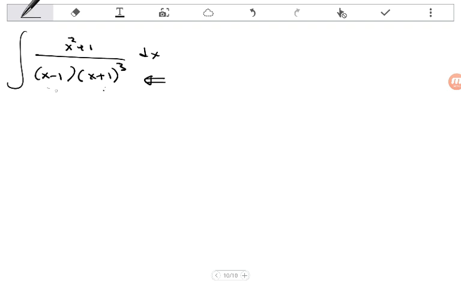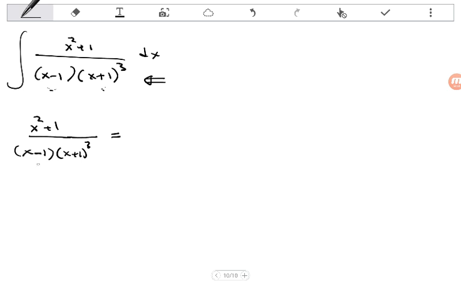And this cannot be factorized further. So I am now ready to make my assumption. I just need to put x squared plus 1 over x minus 1 multiplied by x plus 1 to the power 3.